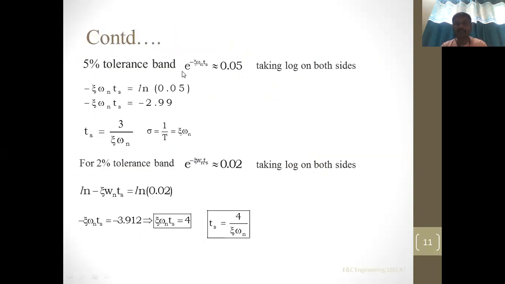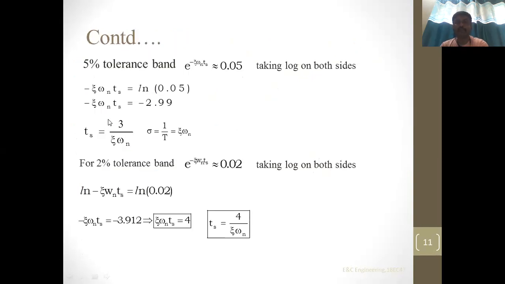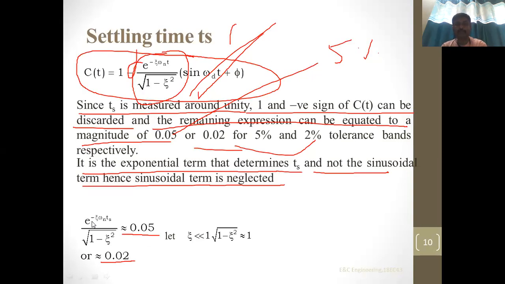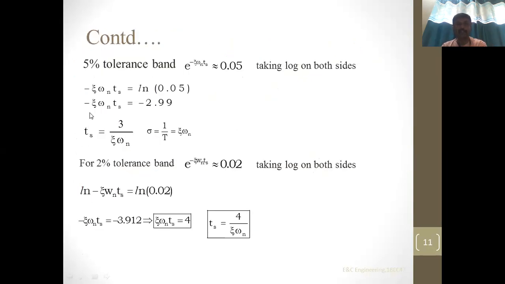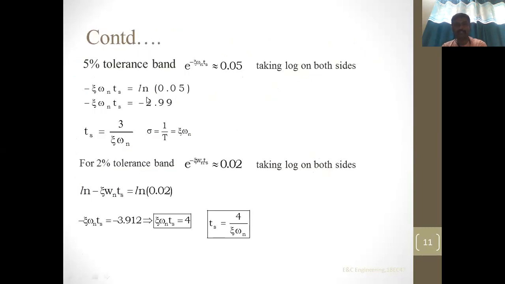For the next step, to simplify this, I shall apply natural log on both sides. The exponential and natural log get cancelled, leaving minus xi omega n Ts. On the right-hand side we have natural log of 0.05.